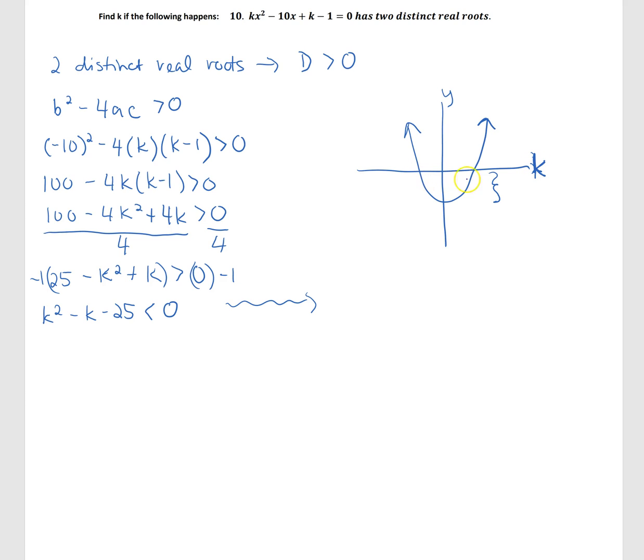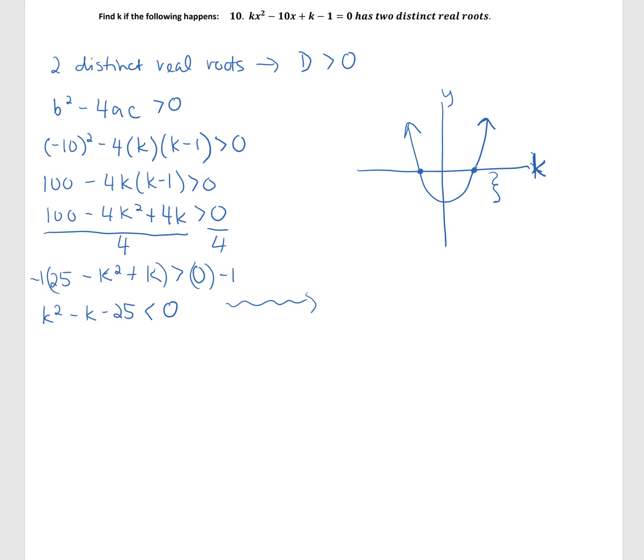So we're looking for the values of k for this section of the function below the axis, because that's less than 0. And so to figure out what values of k work here, we want to look at what points here the function crosses the axis.